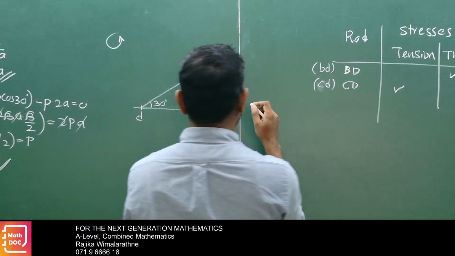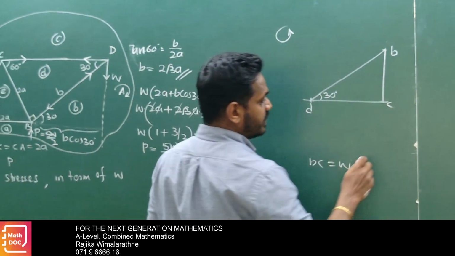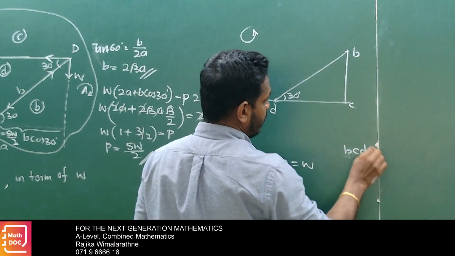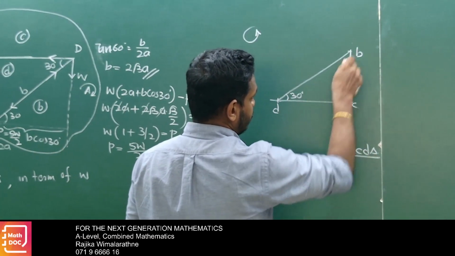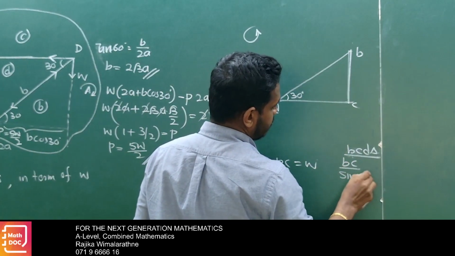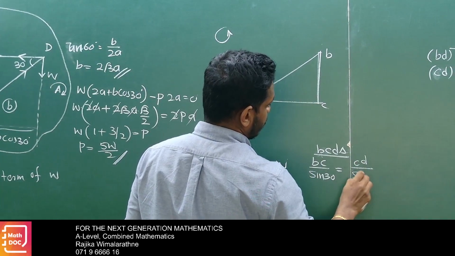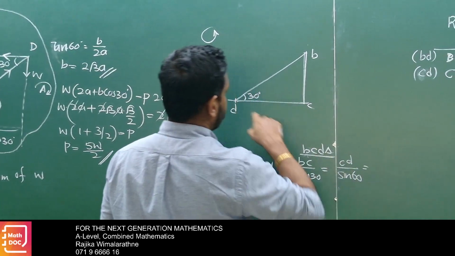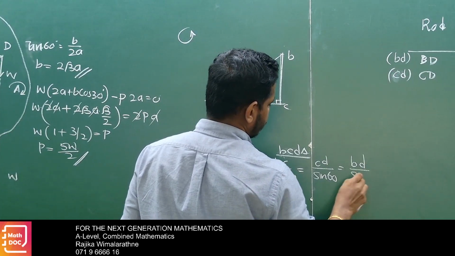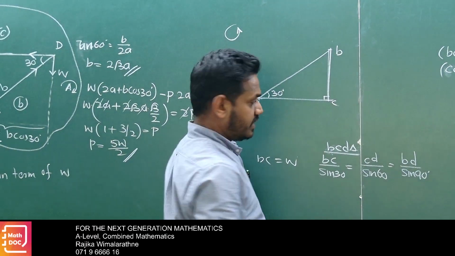Then at the same time you obtain values from this force diagram. Consider the triangle BCD. You apply the sine rule. Then BC over sine 30, CD over sine 60, BD over sine 90. Then simplify.